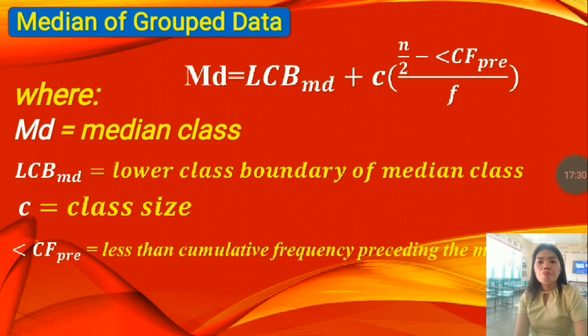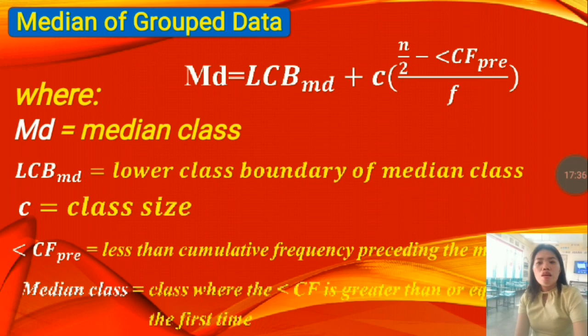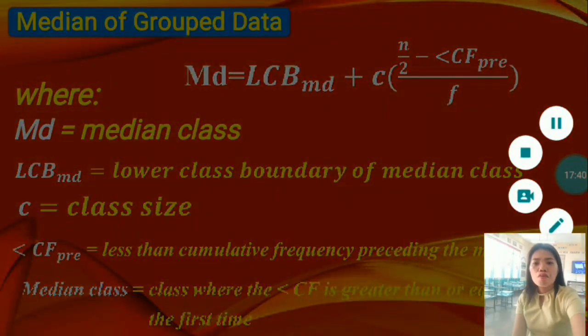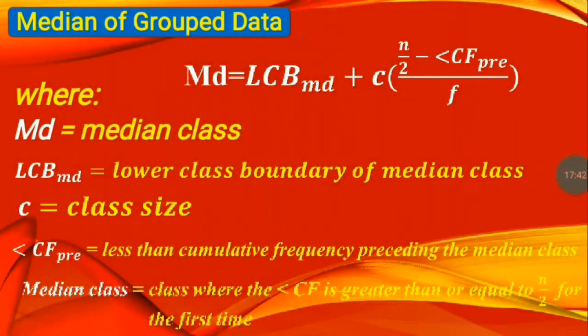Okay. And the median class is the class where the less than cumulative frequency is greater than or equal to n over 2 for the first time. Because it is very important for us to locate the median class.